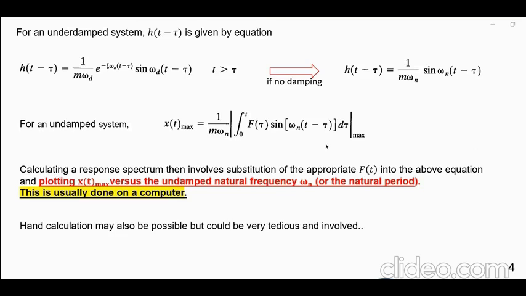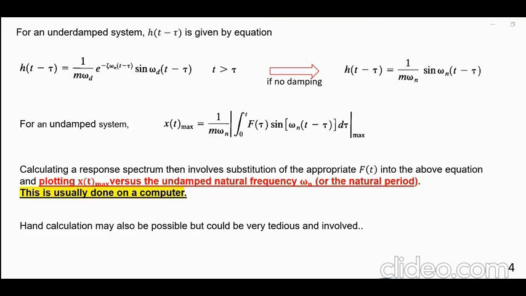Now, it is possible to do this for very simple problems manually, and we're going to assume that Inman has done it correctly, and he has. But generally speaking, to get this response spectrum function, you use a computer program to come up with that graph.